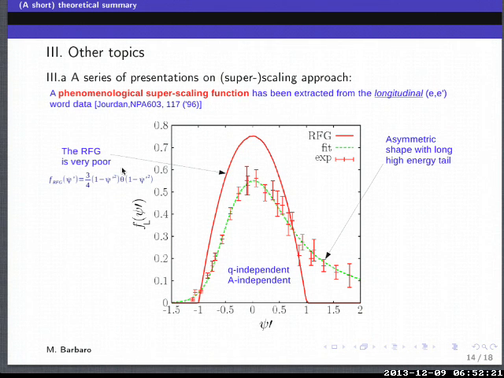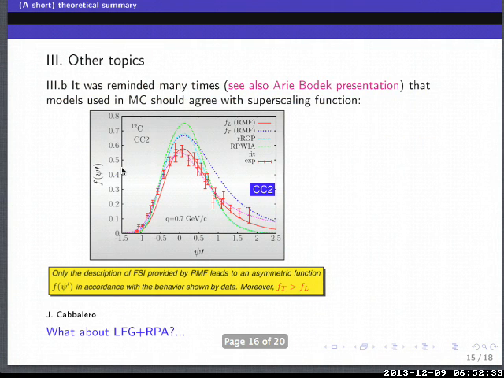So, for example, we can see how bad the relativistic Fermi gas is when we compare computation results. Various models were discussed; some agree better, some worse.